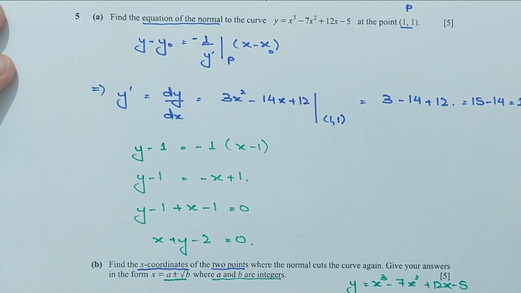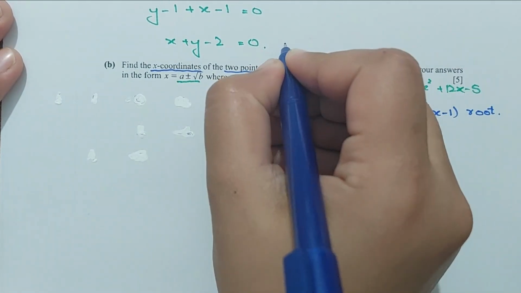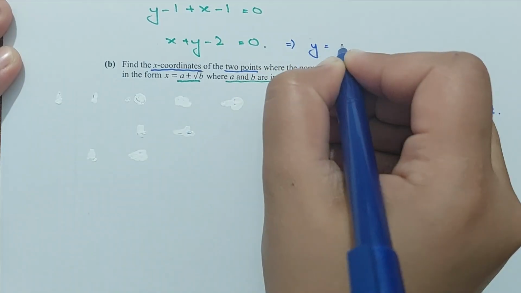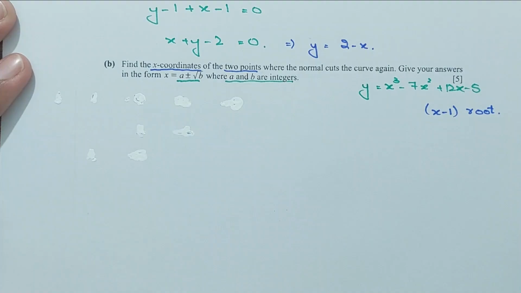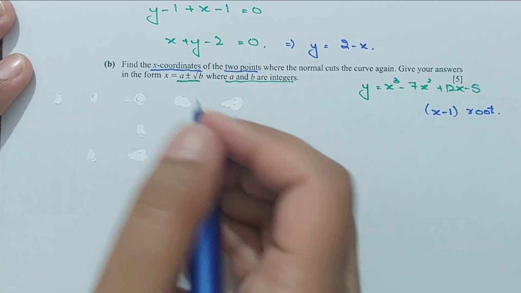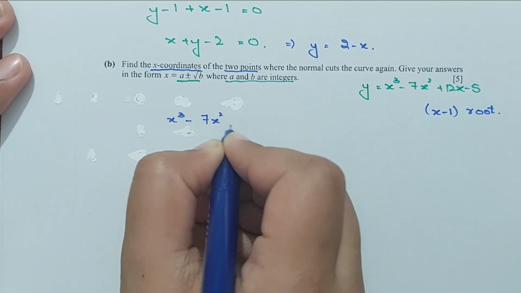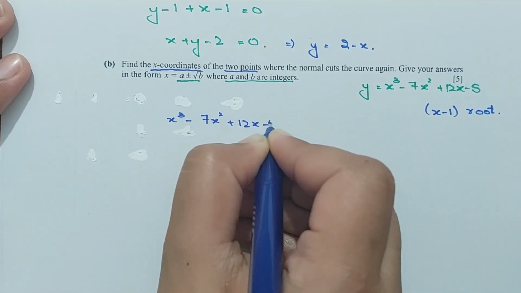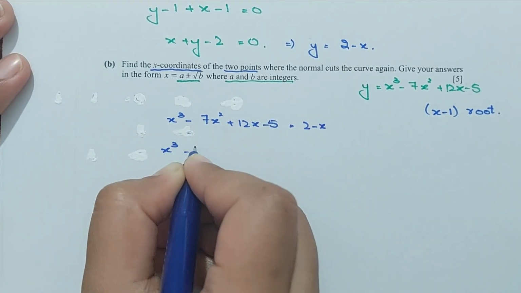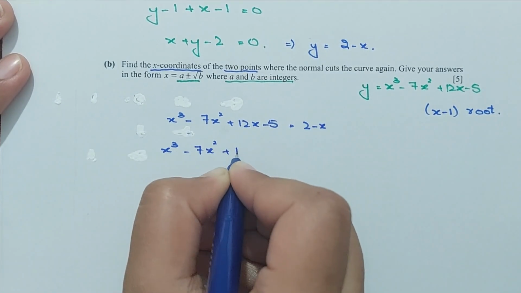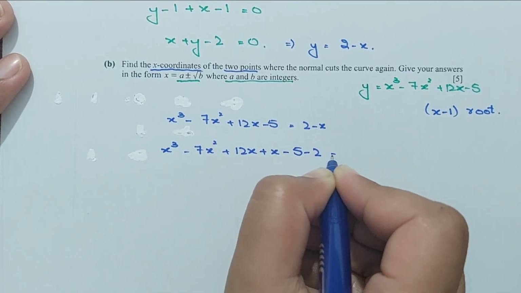So the normal cuts the curve. We have the equation of normal, y equals 2 minus x, and this is the equation of the curve. So we have to put them equal. So x cube minus 7x square plus 12x minus 5 equals 2 minus x. So x cube minus 7x square plus 12x plus x minus 5 minus 2 equals 0.